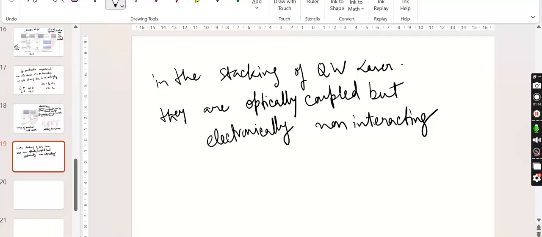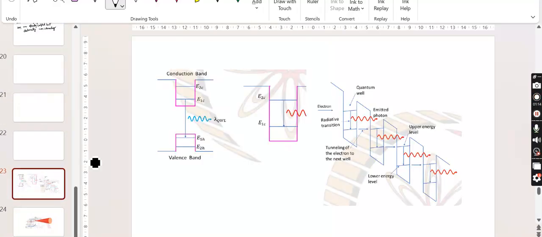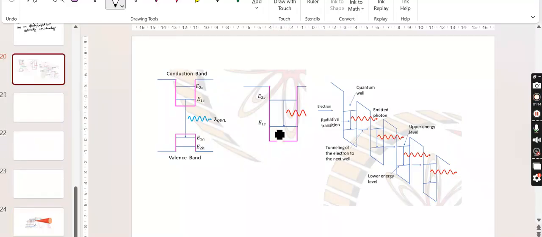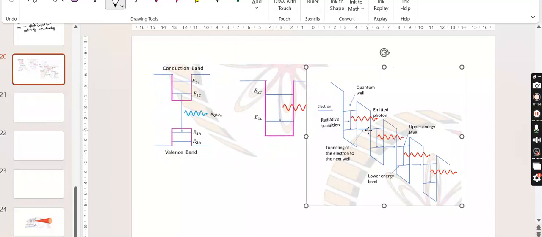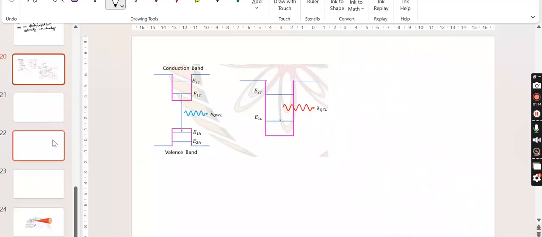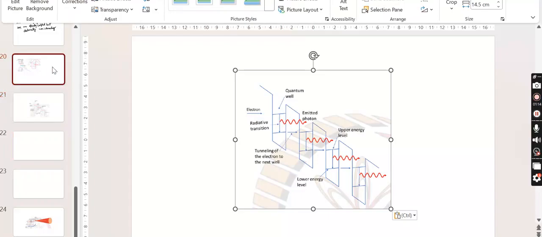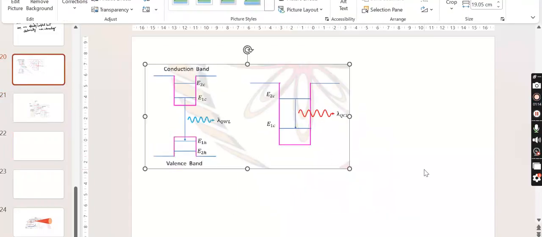Now we'll go to quantum cascade lasers. Unlike typical semiconductor lasers, wherein light originates from the interband transition involving the recombination of electrons and holes, a quantum cascade laser operates differently. This is the quantum well laser.